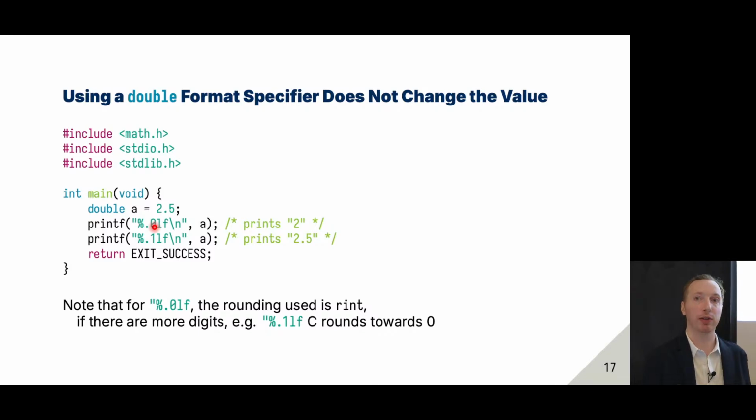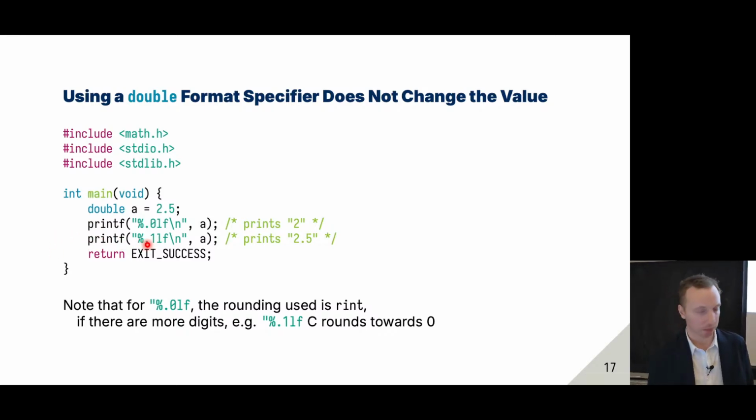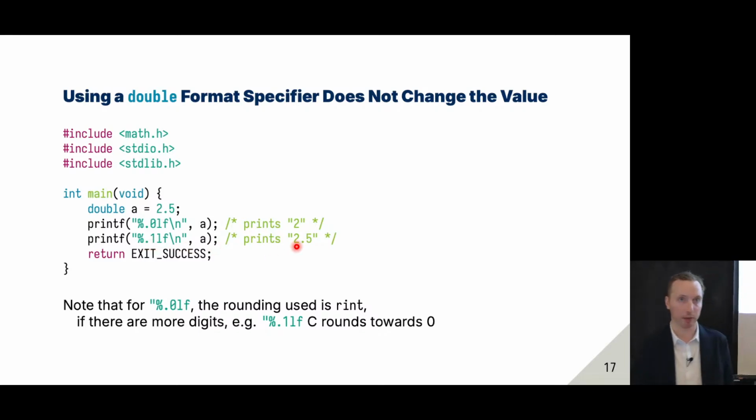If you actually want to change the value to be the rounded value, then we would need to reassign a with the result of rint or something like that. And if I am just printing one decimal point, in this case it doesn't even need to round, and it will just print 2.5.